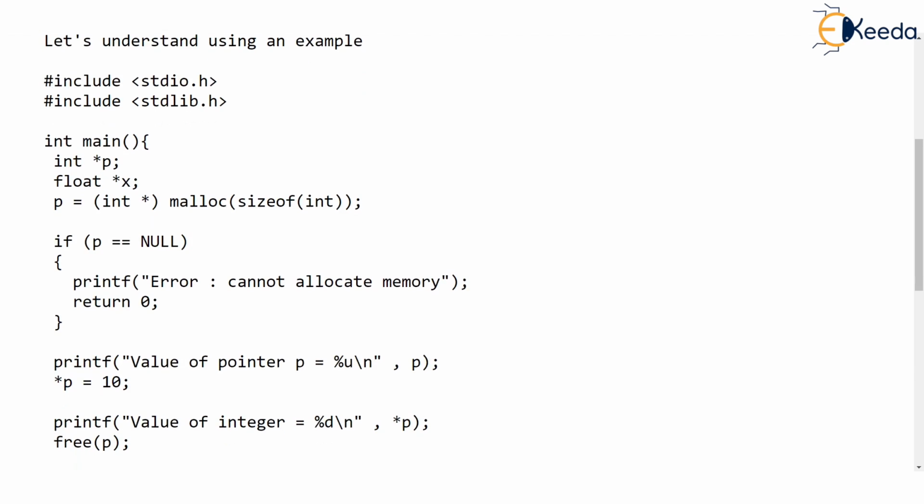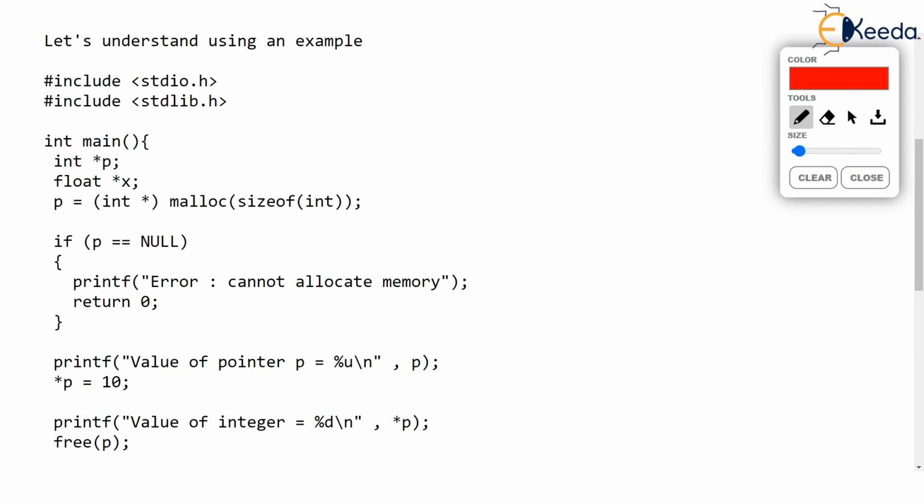Now check this. We have included stdio.h and stdlib.h, both files in our code. And main starts over here declaring two pointers, int asterisk p, float asterisk x. So definitely in the RAM, in the memory, there is a pointer called p and there is a pointer called x. Two pointers have been declared, and come again, p can point to an integer because it is an int pointer, and float pointer x can point to a float.